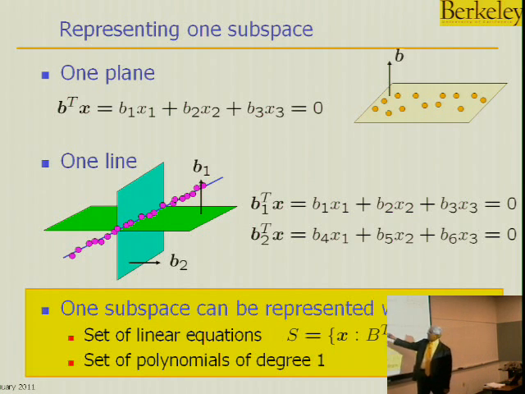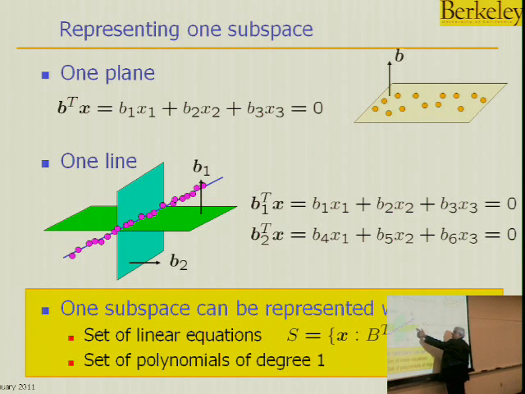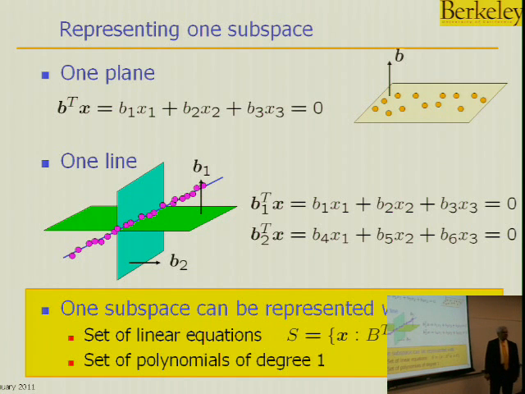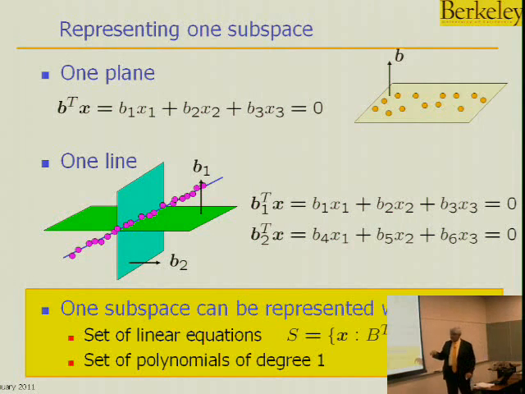X belongs to the intersection of these 2 subspaces if it satisfies B1 transpose X equals 0, corresponding to subspace 1, and B2 transpose X equals 0. The logical connective AND translates into a multiplication. You can say it's B1 transpose X times B2 transpose X equals 0. There's a separate constraint for each one of the normals.